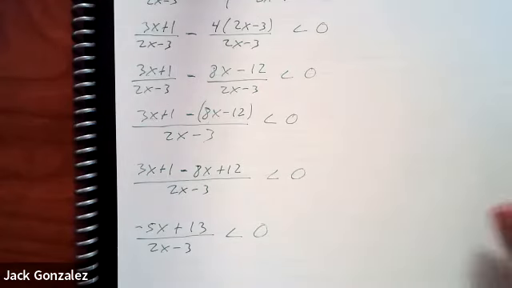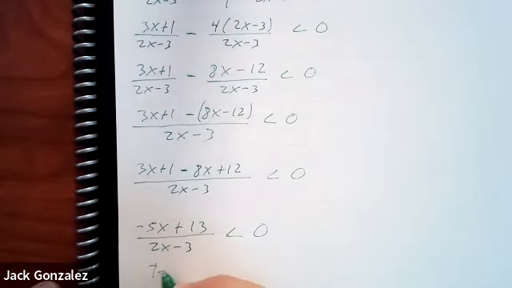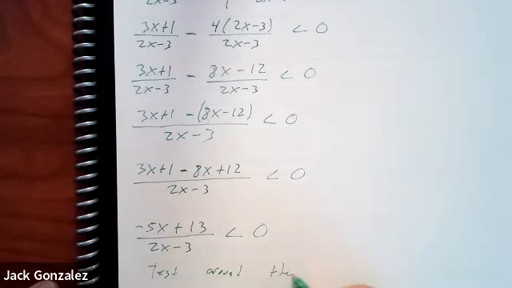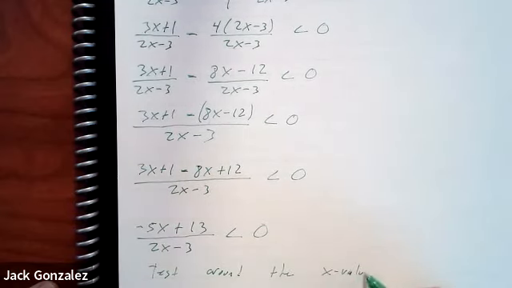I'm gonna make a note right here. Test around the x values that make the numerator and denominator 0.